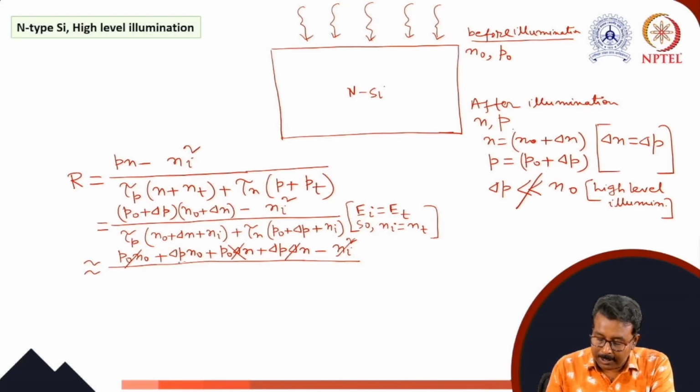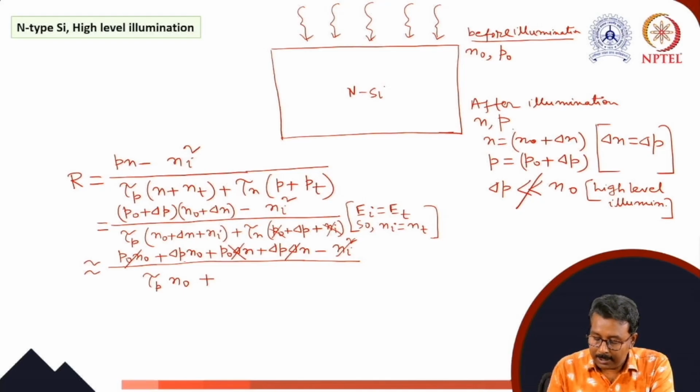And in the denominator, we have tau P into (N0 plus delta N plus Ni). Ni is small compared to N0, and delta N is also less compared to N0. So this can be written as tau P into N0 plus P0 into tau N plus delta P into tau N. P0 is itself very small because it is the minority carrier concentration, so it can be neglected.